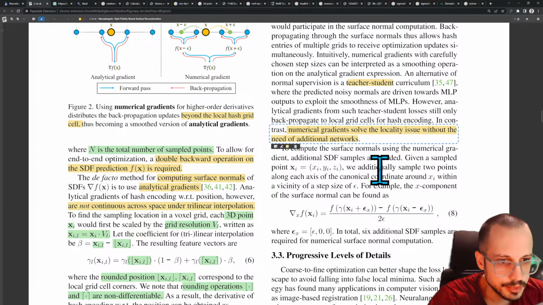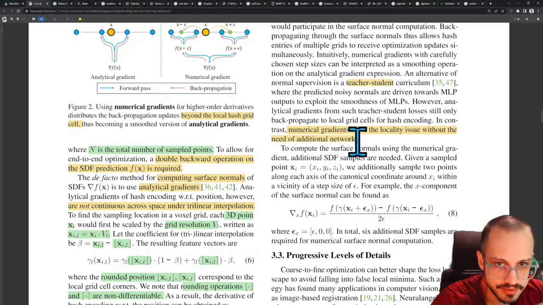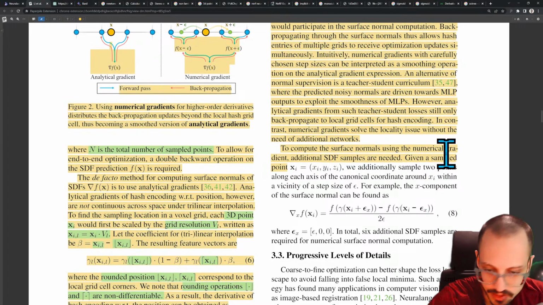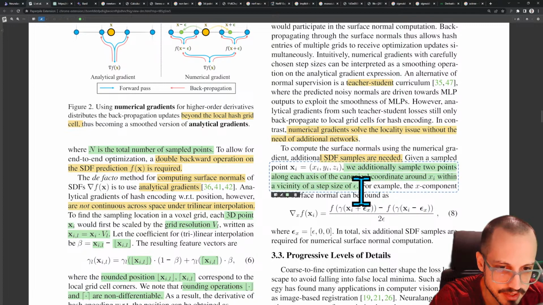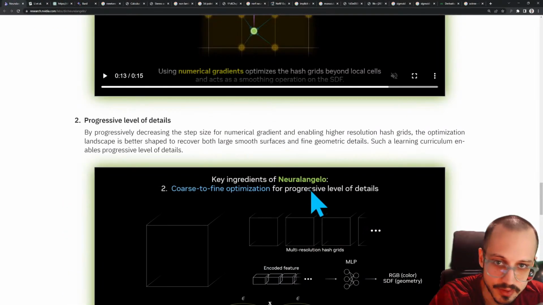To compute the surface normals using the numerical gradient, additional SDF samples are needed. Given a sampled point xi, we additionally sample 2 points along each axis of the canonical coordinate around xi within a vicinity of a step size epsilon. So that's here, right?